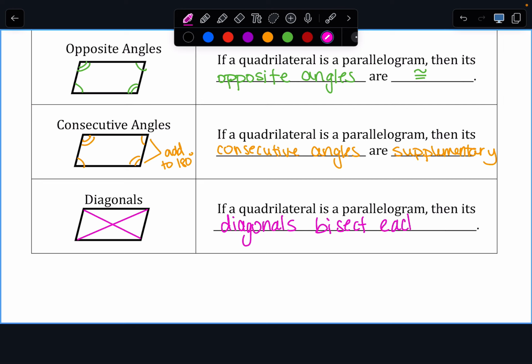They are not perpendicular. They bisect each other. So they basically meet at the midpoint. Okay? The diagonals bisect each other. So they're not congruent, but they cut each other into equal pieces. Okay? They intersect at each other's midpoint.